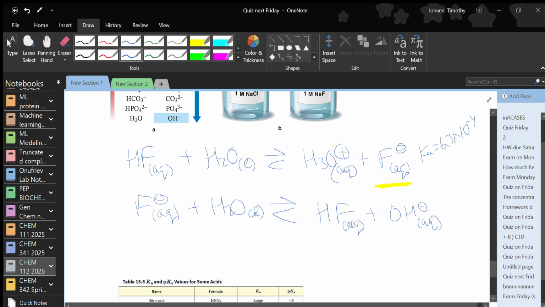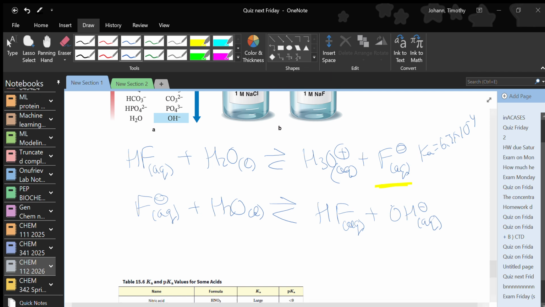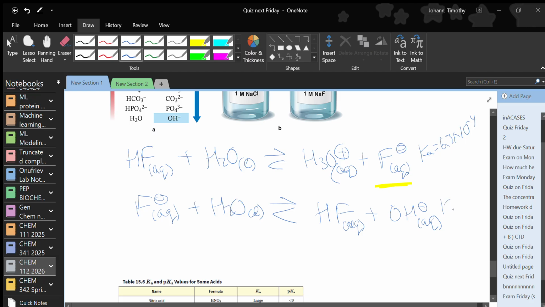Are these reactions the reverse of each other? They're not. If I was to cancel everything out, it wouldn't cancel everything. And the Kb here is equal to 1.6 times 10 to the negative 11th.